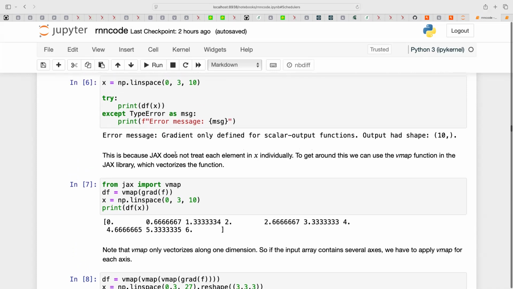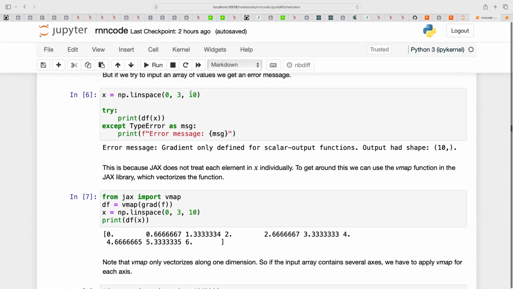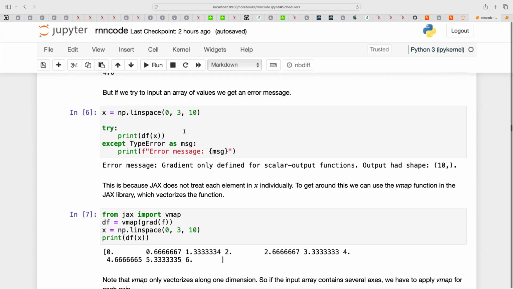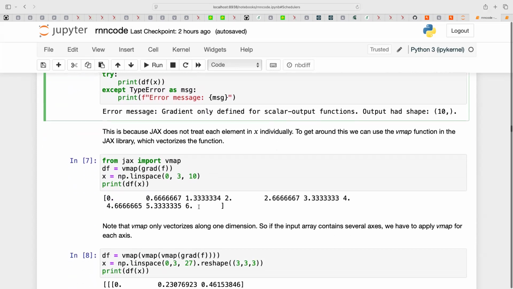If I now introduce this array of 10 points from 0 to 3 and I want the derivatives, you see that this gives us the correct derivatives. The derivative is 2 times x, so we should get 6 at the end point, which it does. So just keep that in mind.